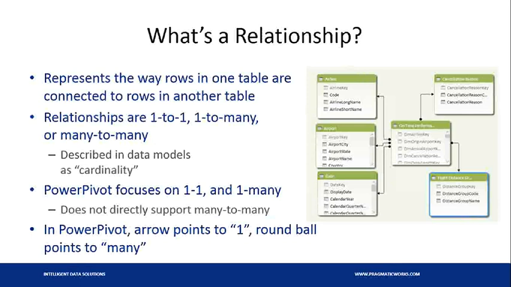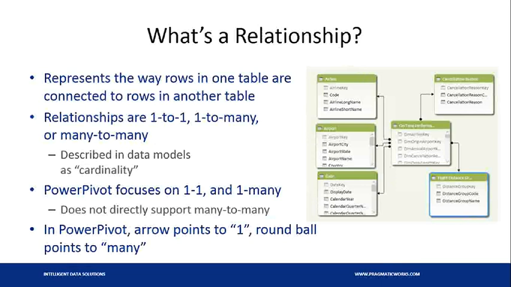Every airline can have many on-time performance records, but each on-time performance record has one and only one airline associated with it. So when I say those words out loud, I realize that the one-to-one relationship is from the on-time performance to the airline. The one-to-many relationship is from airline to on-time performance.